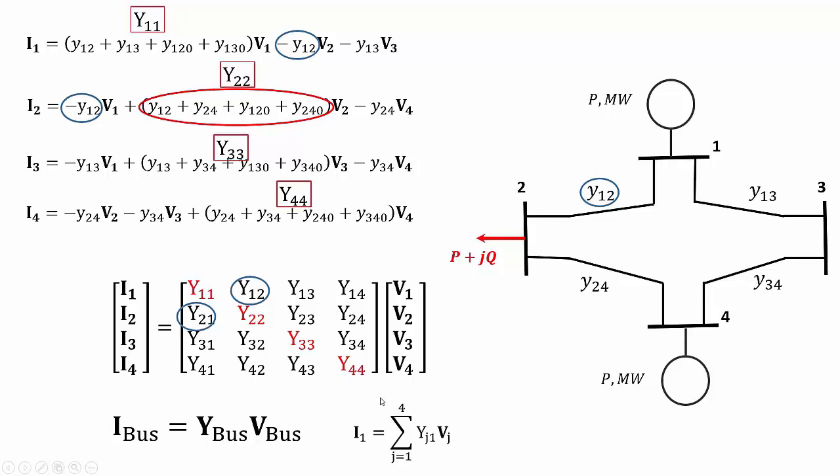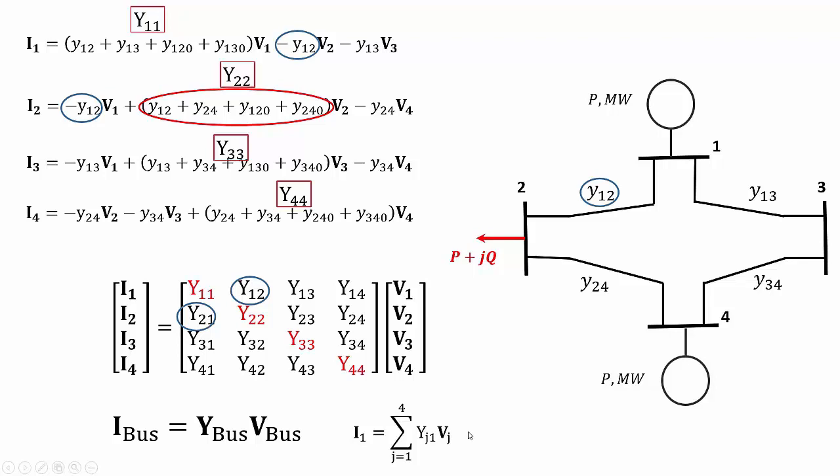We can put this as a sum. Current I1 is sigma. We have how many buses? We have 4, so from J equals 1 to 4, that's the number of buses, of the elements of the admittance matrix in the first row multiplied by the voltages, with J changing from 1 to 4.